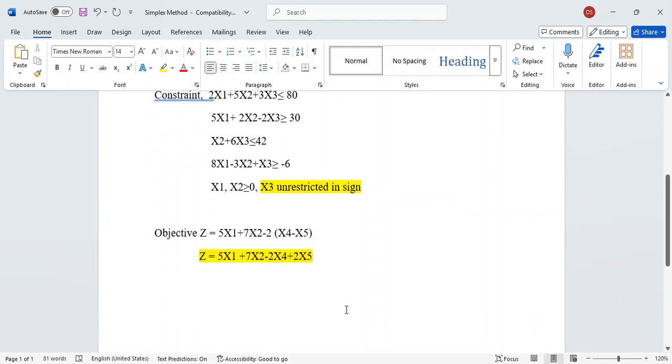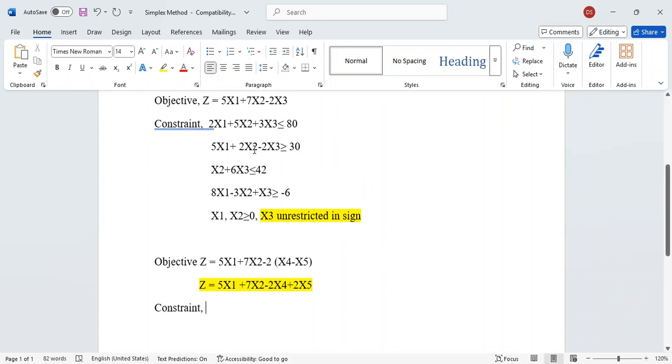Similarly, you should know how to write the constraints. The first constraint was written as 2x1 plus 5x2 plus 3x3.